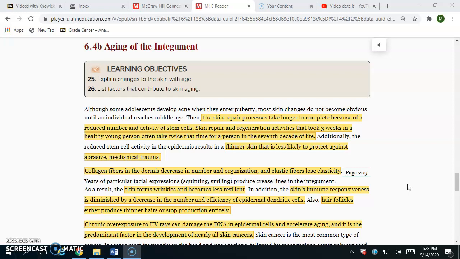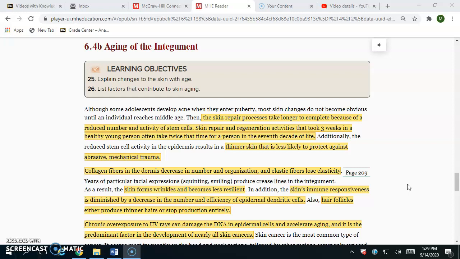Even our thick skin is a little bit thinner, and our thin skin's even thinner, so we're just more prone to damage to our skin because we don't have that thickness that we had when we were younger. Again, that is based on the fact that we have fewer cells undergoing mitosis to replace older damaged cells, and they're not functioning as well as they did when we were younger.